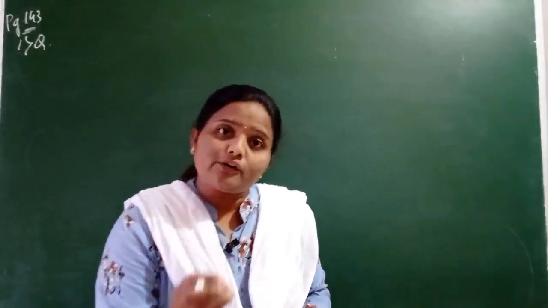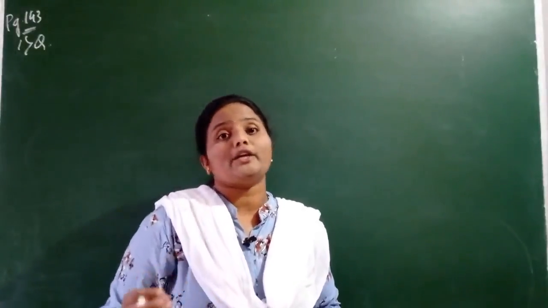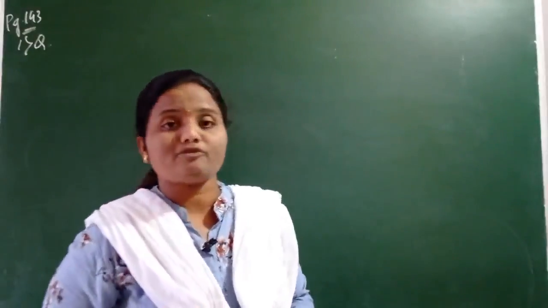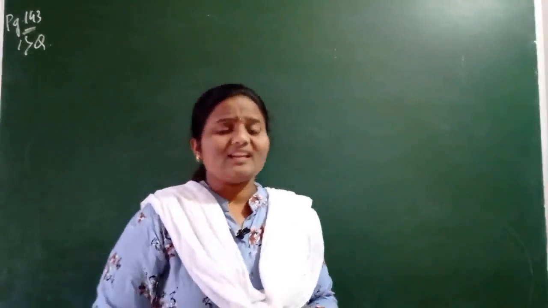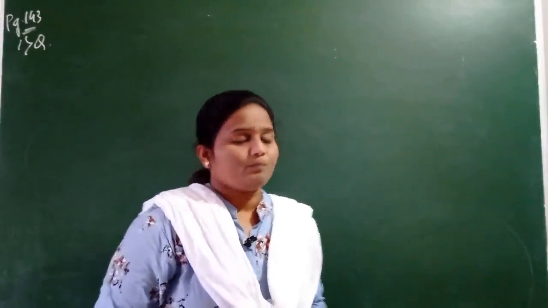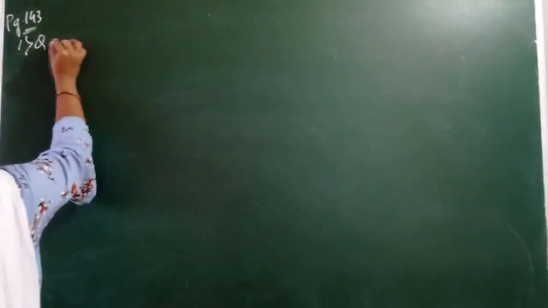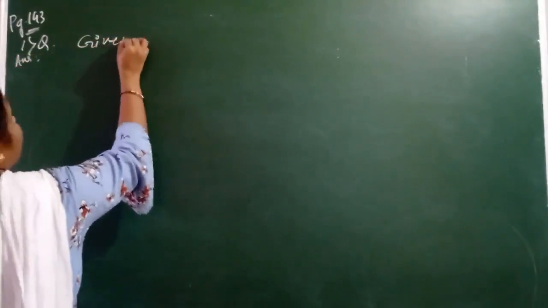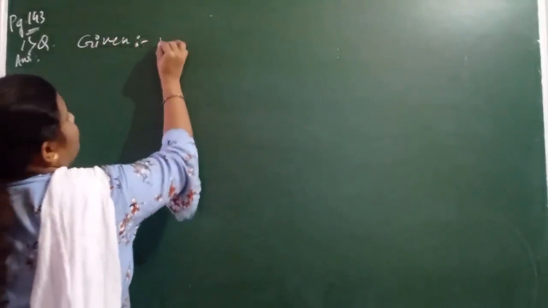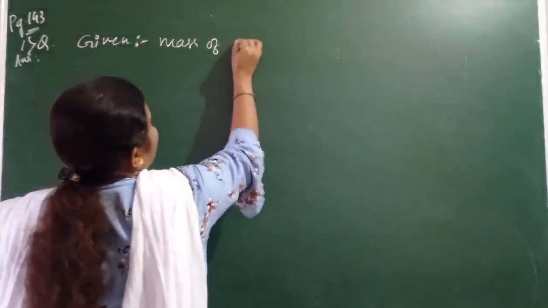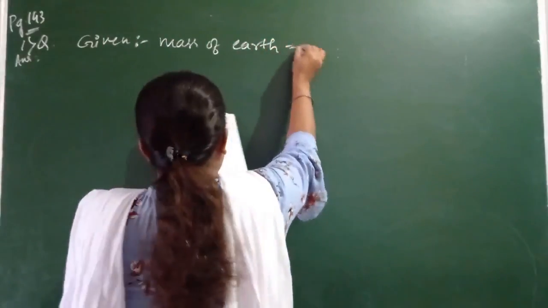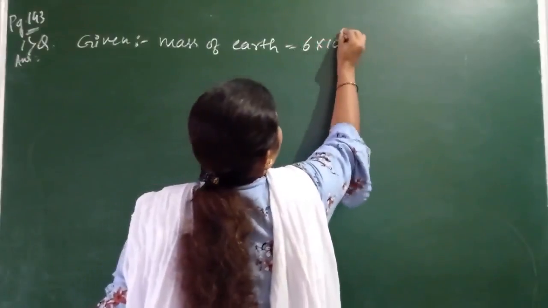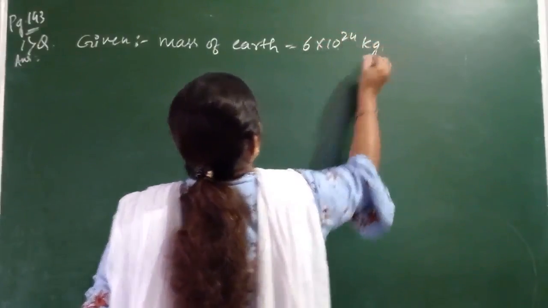So in order to solve this problem, we have to use the universal law of gravitation formula, children. It is also called Newton's formula, or gravitational force formula. So this is our solution, you can write. Mass of earth is 6 into 10 to the power of 24 kg.